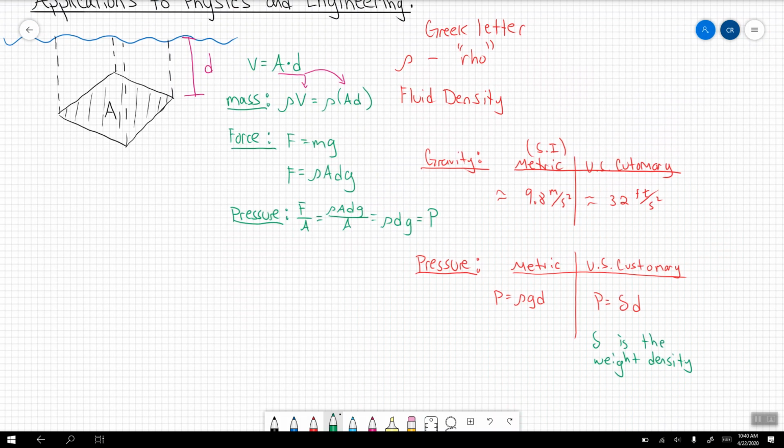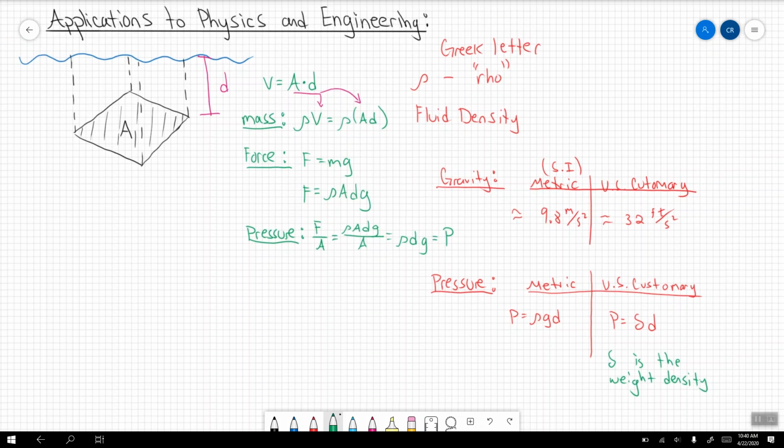In the US customary system we typically don't account for gravity when we're talking about pressure, versus the metric system, which needs to account for that gravity. So we have to be really, really careful with that.